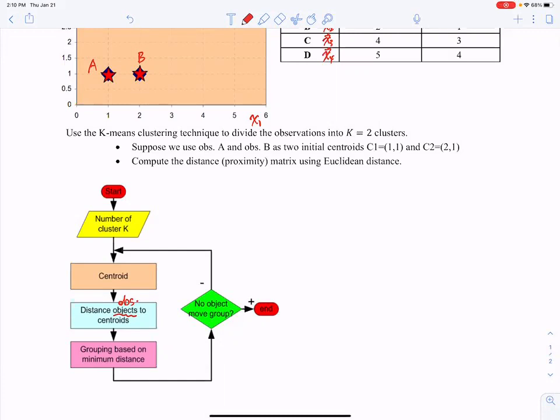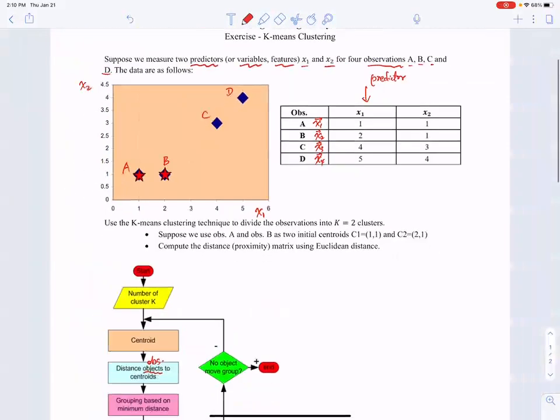If no object moves groups, then we end the algorithm. If there's still an object moving, we continue to update the centroids. Okay, let's try to work this out.